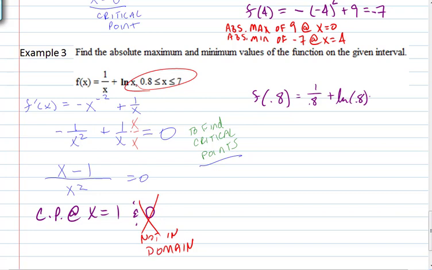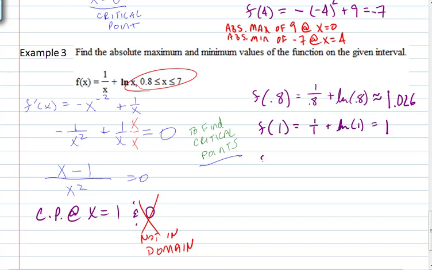This is approximately what? 1.026. Okay. f of 1 is actually 1.